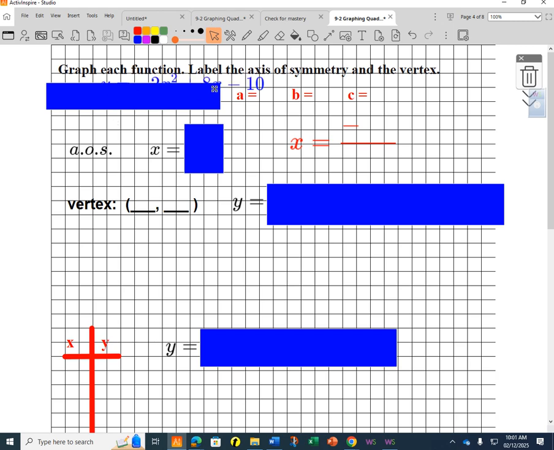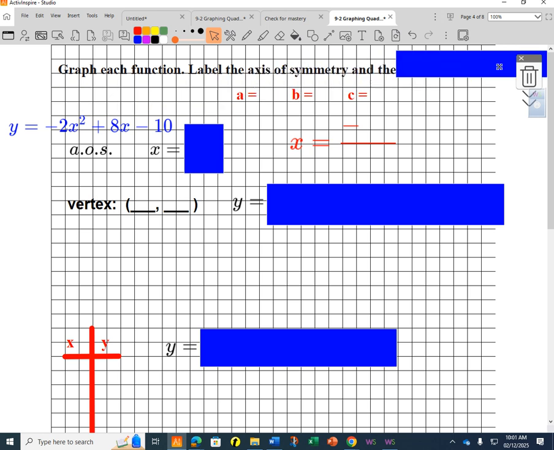So we are going to get started on our example. Okay, here's the example: y equals negative 2x squared plus 8x minus 10.